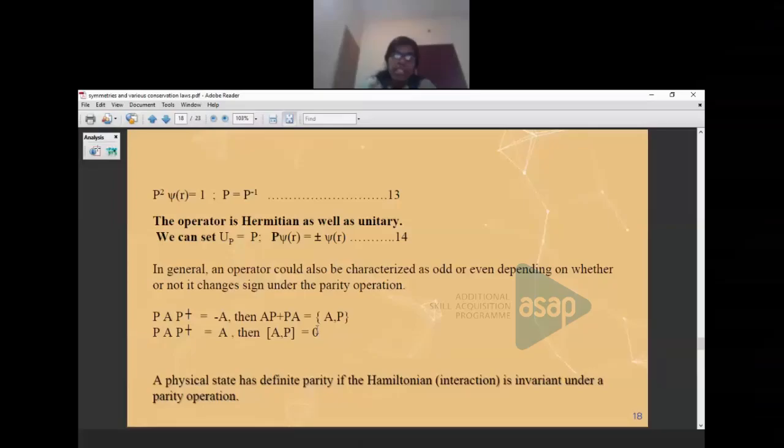In the last line: a physical state has a definite parity if the Hamiltonian is invariant under a parity transformation. So this is a general statement. It's not the ultimate statement because you must be knowing, or you will come to know in nuclear physics and particle physics, that although in the beginning all interactions were supposed to have parity conservation, later on it was realized that weak interactions do not follow that.